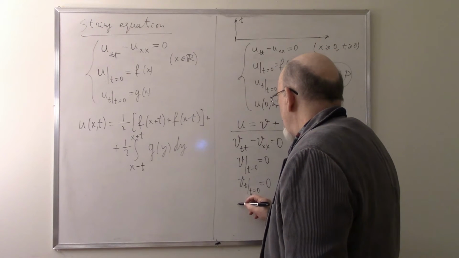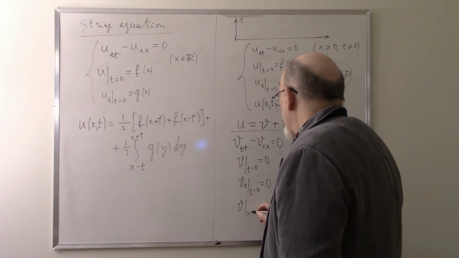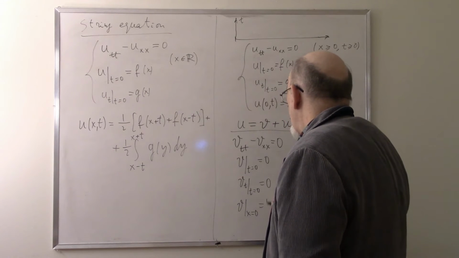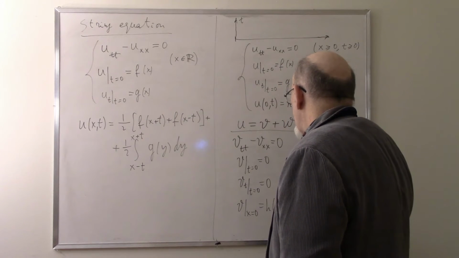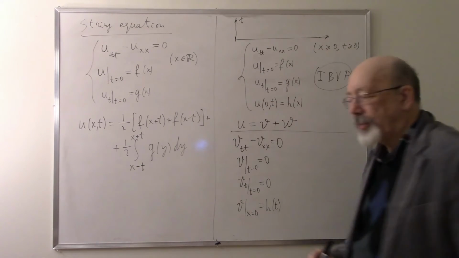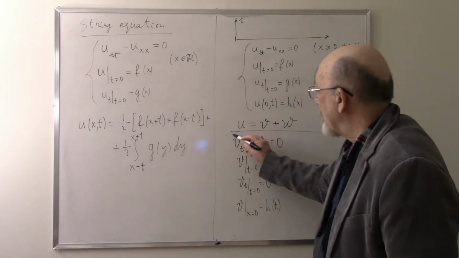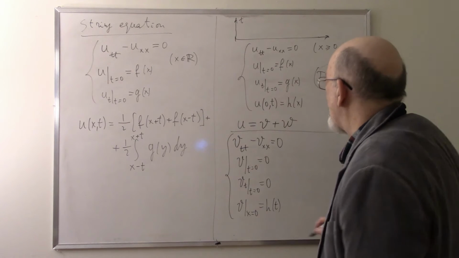And v for x equals 0 equals h of t. So it is one set of conditions.